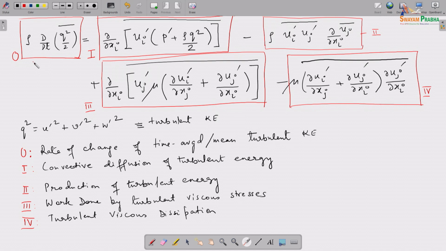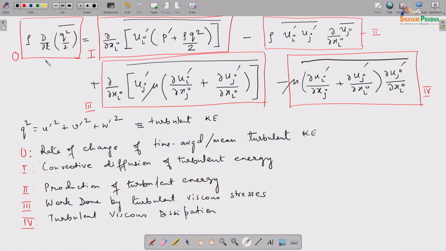Previously we have looked at dV dt and things like that. We have looked at the rate of change, basically the total acceleration of a fluid flow, and we had two terms and we understood that. Now, in this case, however, we have the rate of change of mean turbulent kinetic energy.